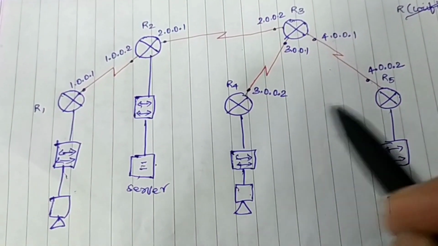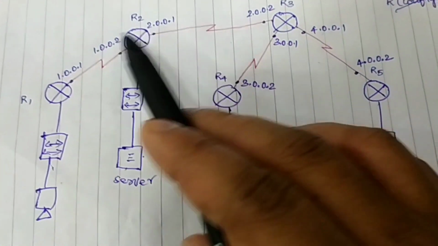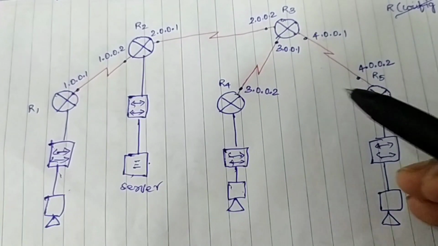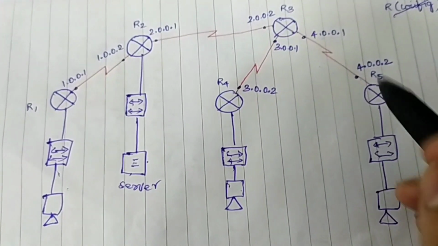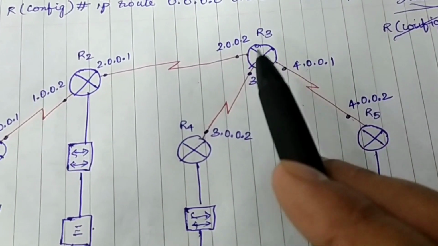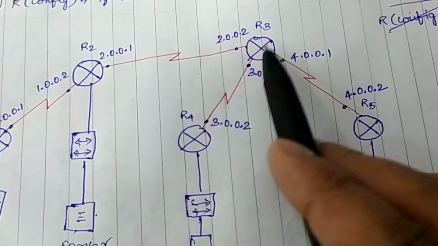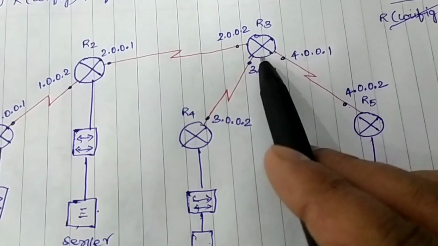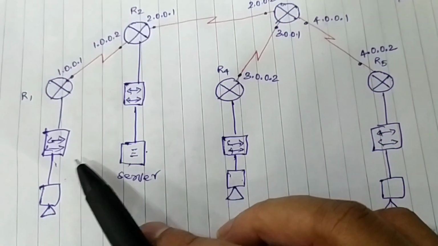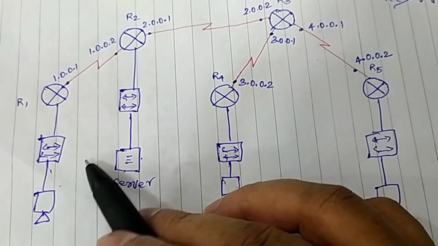R1, R2, R4 and R5, all these 4 routers have their own networks. So for these 4 networks, we need to assign the routes on this R3. On this R3, we have to assign the static routes for these 4 networks.